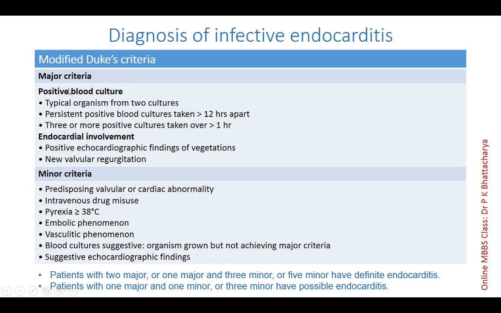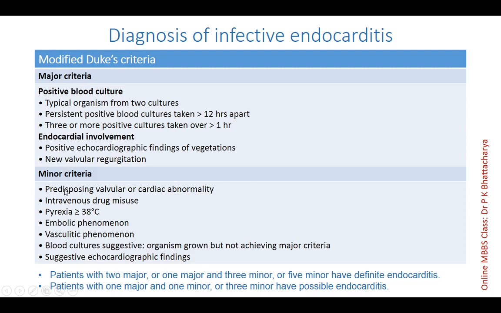So based on these major and minor criteria, we now work out how to diagnose infective endocarditis. Patients with 2 major criteria: he has a positive organism in the first 2 cultures, and if there is an echo finding of vegetation, well, clear cut. Or 1 major and 3 minor.